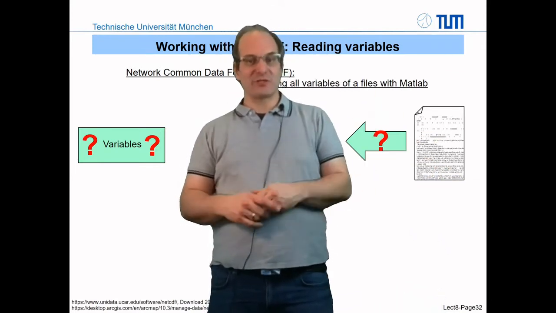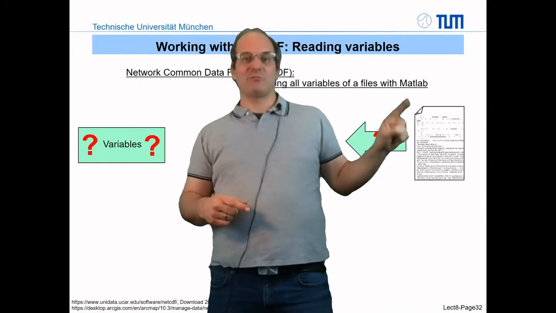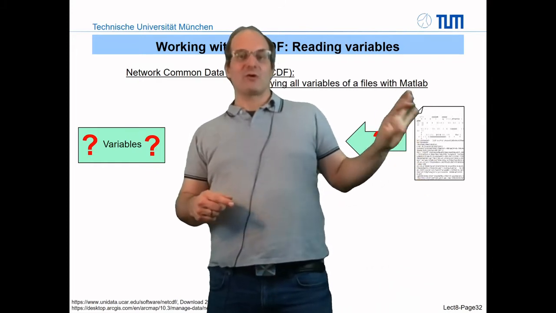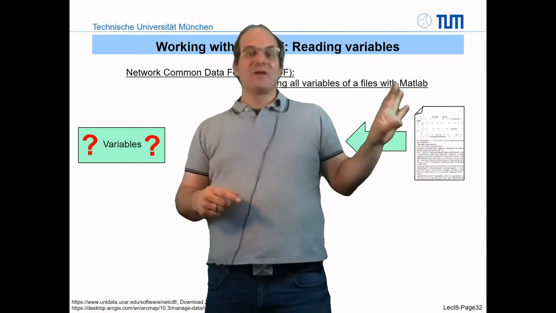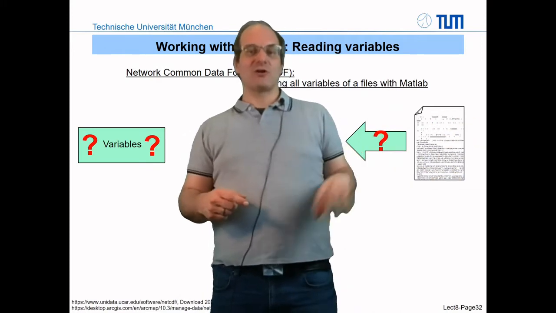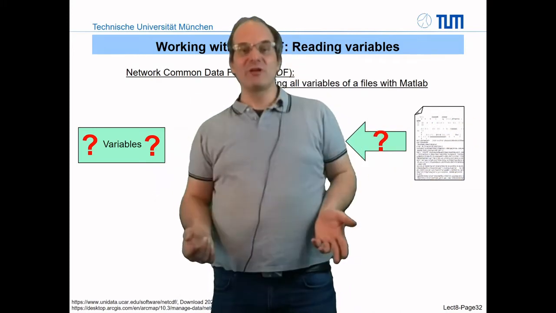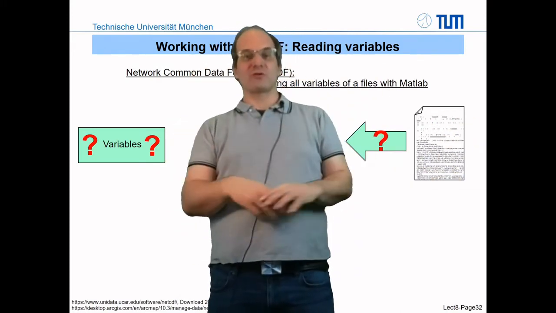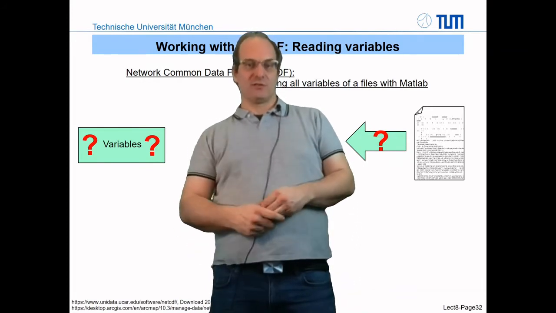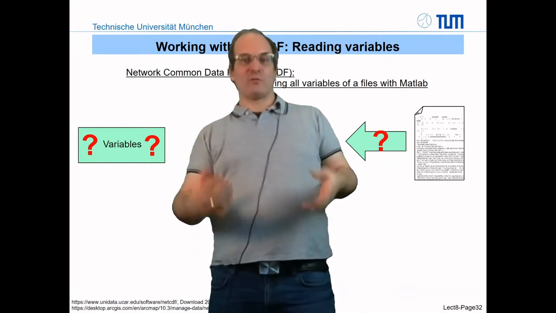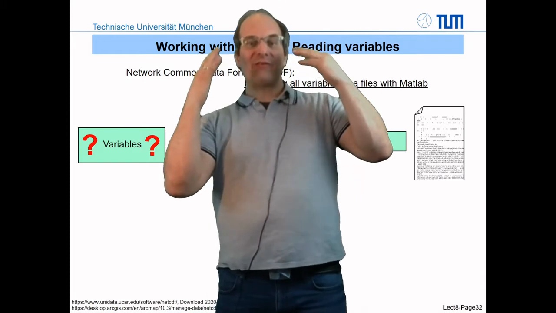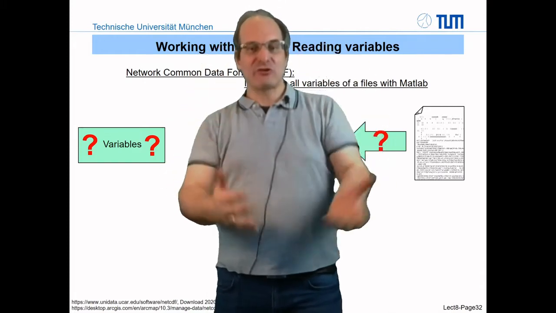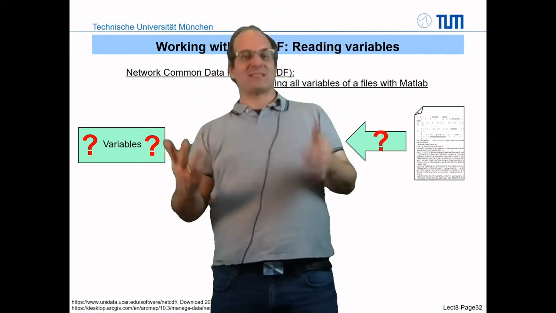But of course, we have a solution here, because there is a function which checks the content and gives you a readable description of what is part of this file, what you have as attributes, as variables, and as dimensions.